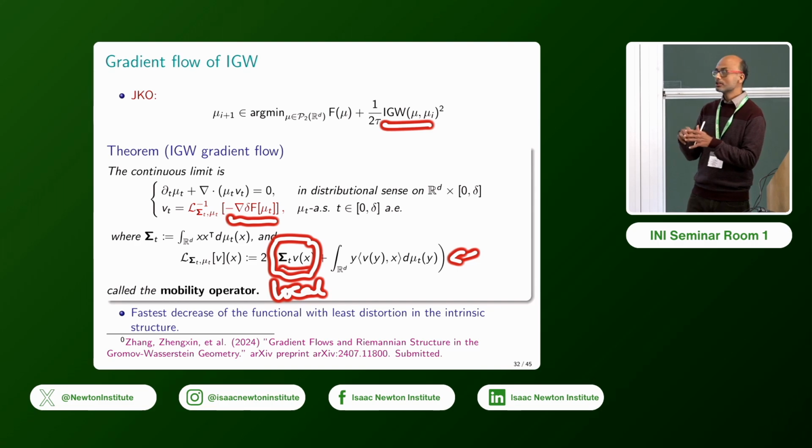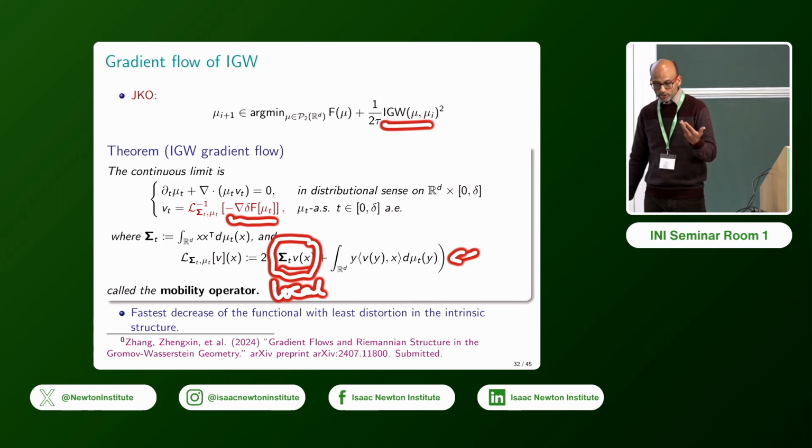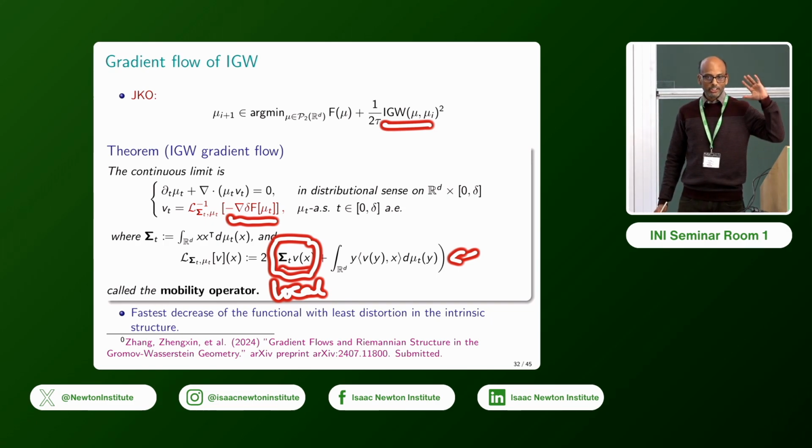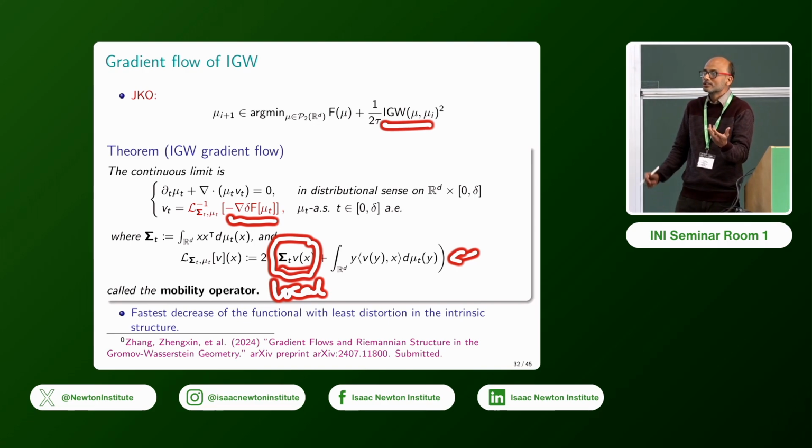So that is the global term. You need the global term because I want to preserve the structure. IGW tries to preserve the structure. The W2 does not look at the structure. It wants to minimize the functional as best as it could, whereas with IGW we want to preserve the structure. Because you want to preserve the structure, you need to know something more about the global information.